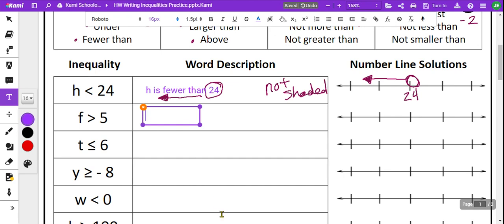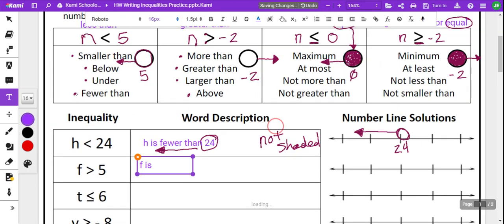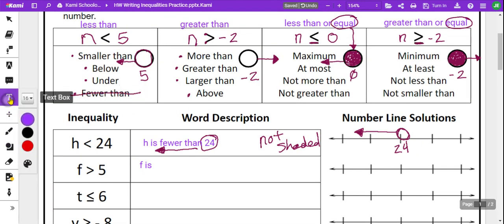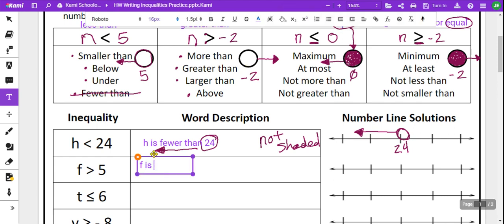So one more quick example, F. F is greater than, but we could use this word larger than. F is larger than 5.